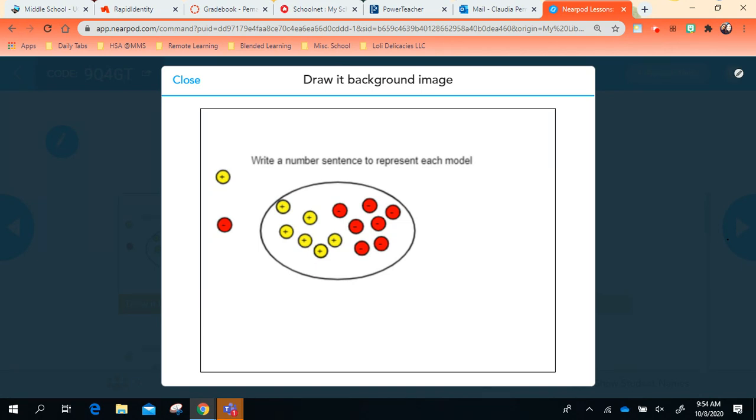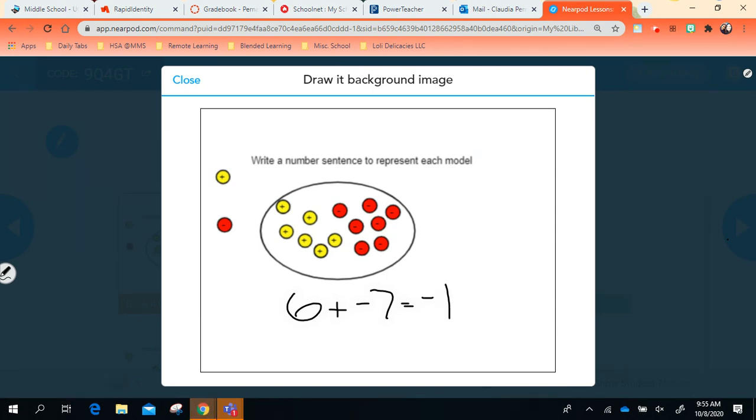Remember, you're writing a number sentence and then solving. You can't just write a number sentence, you gotta tell me what the answer is. Okay, so who can tell me what our number sentence is? +6 plus -7 equals -1.